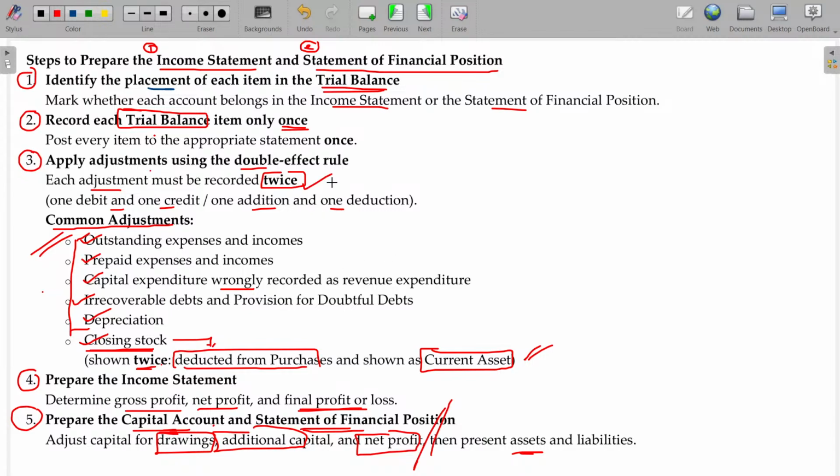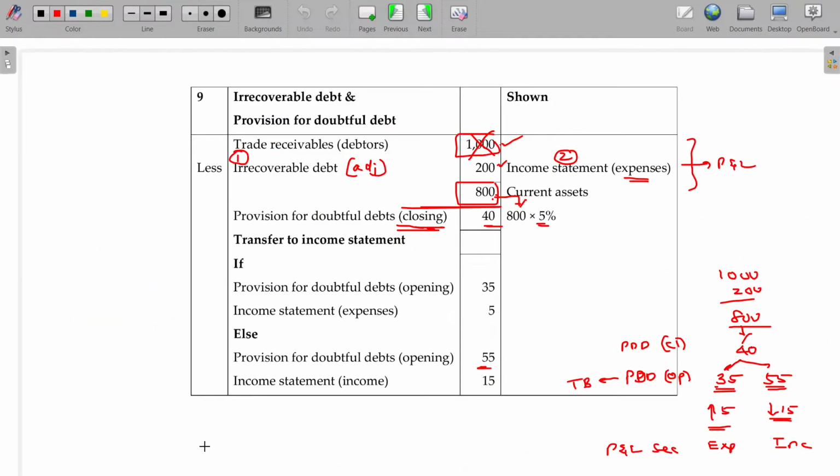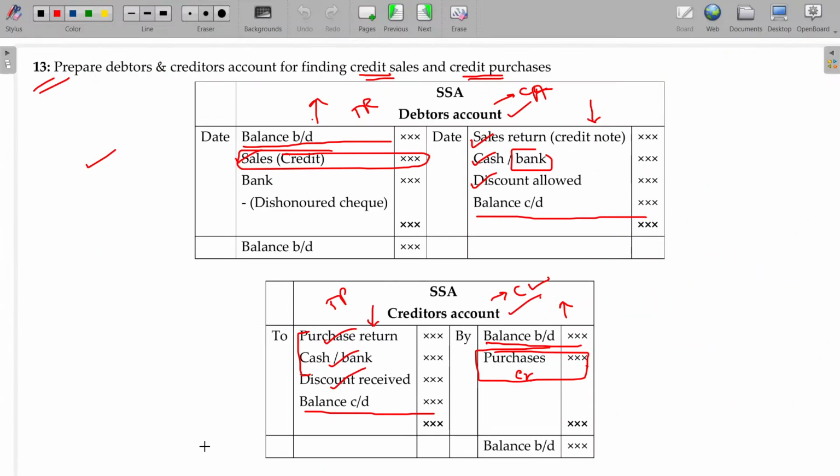These are incorporated, or adjusted, twice in 2 places. Then each trial balance item will be transferred to only one place, and finally you can prepare the income statement, the capital account, and finally the statement of financial position. So my first work is to find out where these items will go.